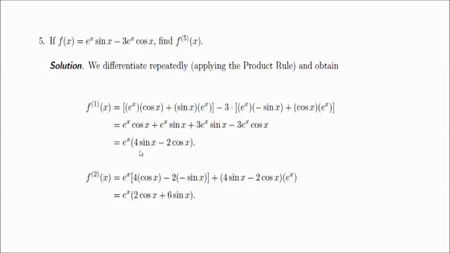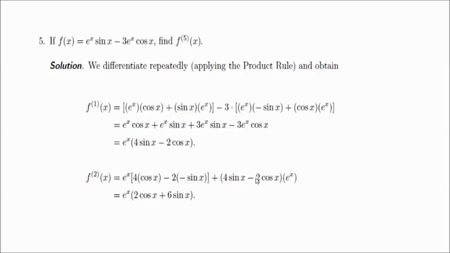Then second derivative class, again, product rule. So e raised to x, and then derivative of this one is 4. Derivative ng sine x is cosine x minus 2. Derivative ng cosine x is negative sine x. Okay?